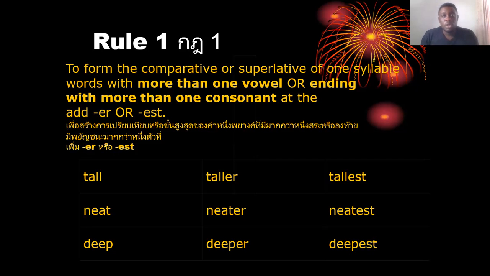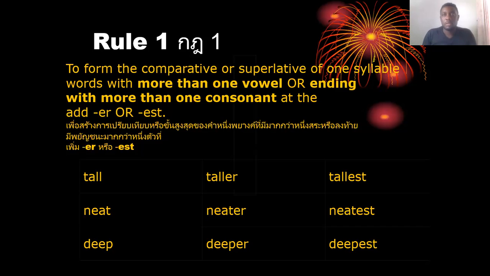So this one is for words or adjectives with just 1 syllable sound, like tall. You just add er, taller. You add est, tallest. Okay. Neat, neater, neatest.